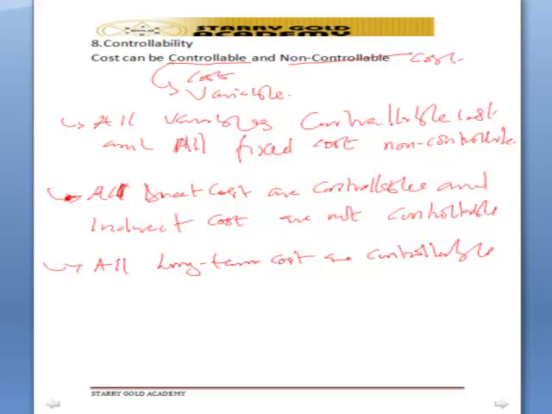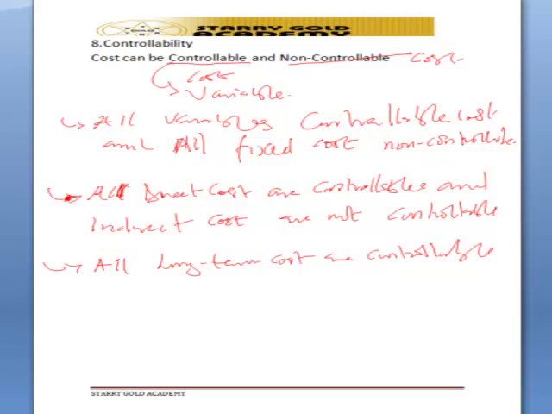If the time period is long enough, all costs can be controlled, because long term is a period of production that is very long. So all long-term costs are controllable. So it's a fallacy.